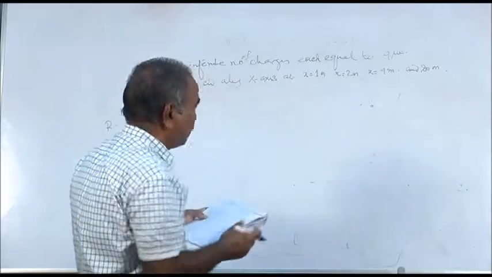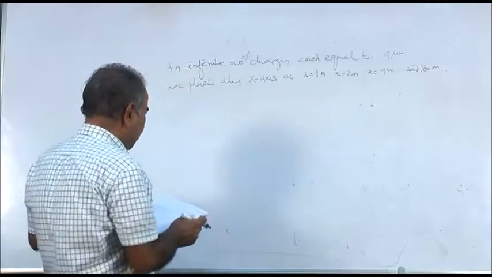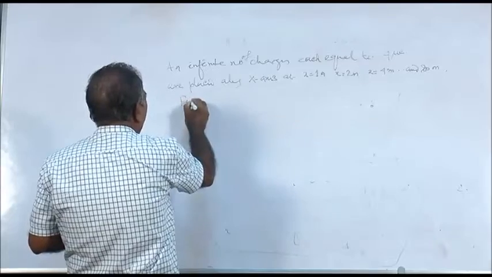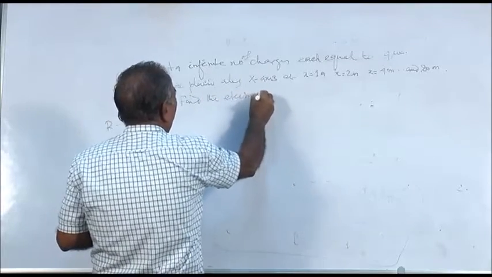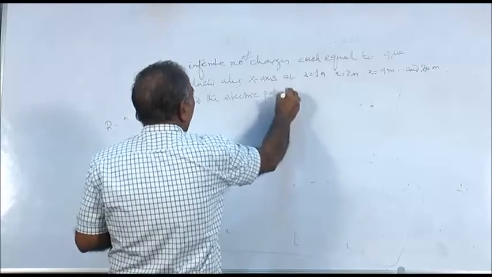Then x is equal to 8 meter, like that. Find the electric potential at the origin.